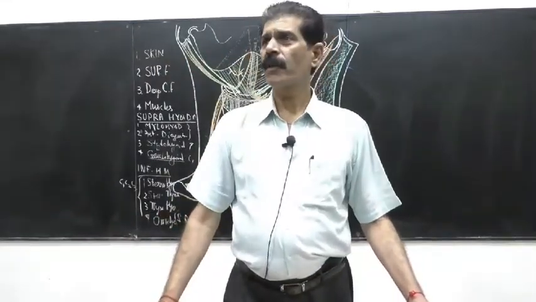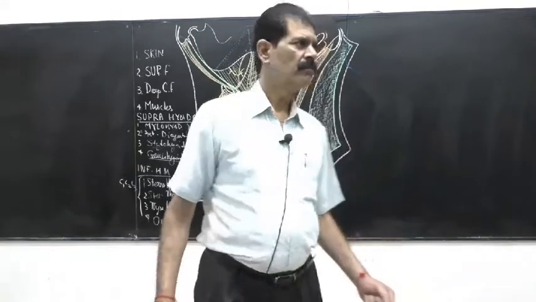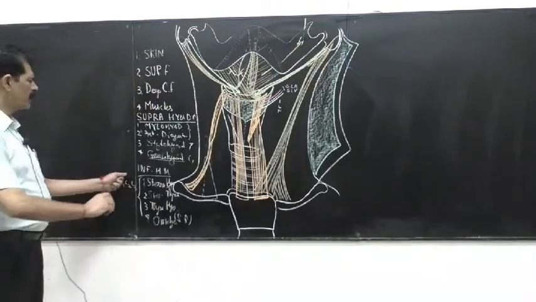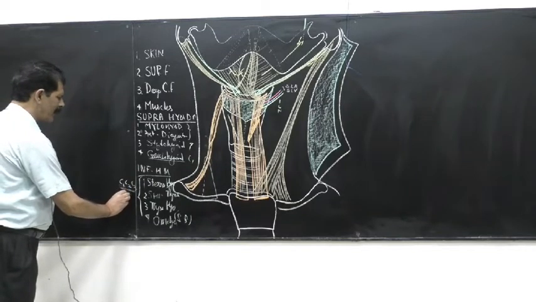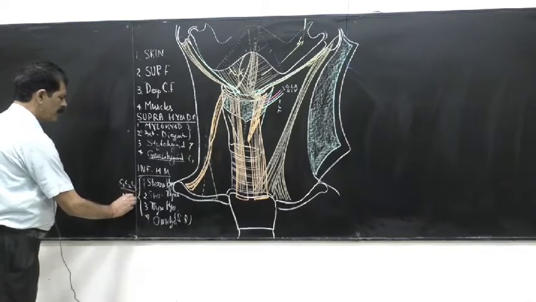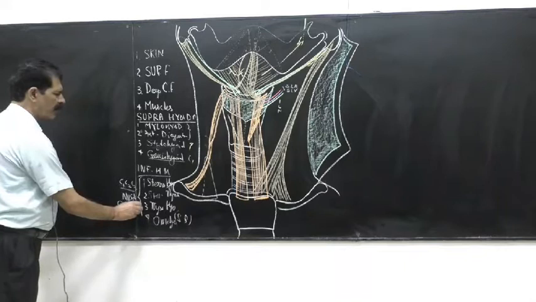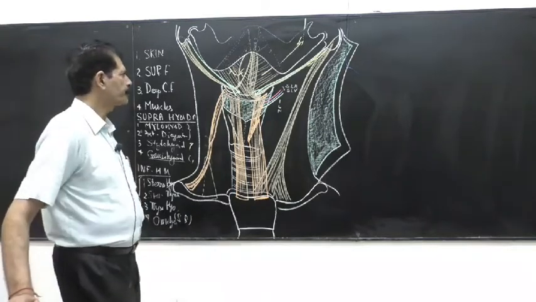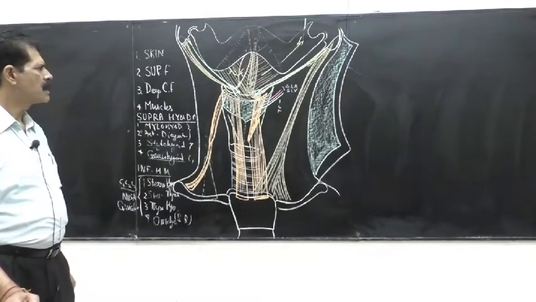But their nerve supply from C1, C2, C3 is very dramatic, because before they supply the four muscles, they form a loop or necklace that is called the ansa. Ansa means loop. Ansa cervicalis. All C1, C2, C3. So you have to see what is happening.